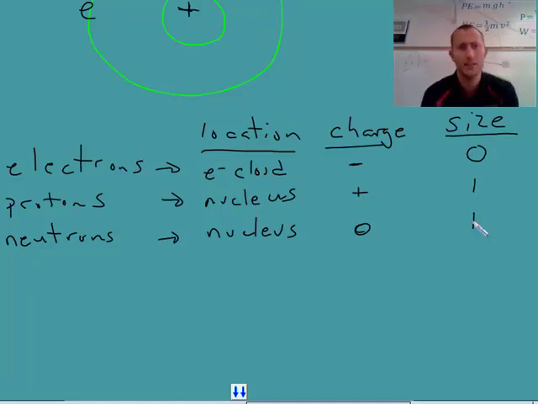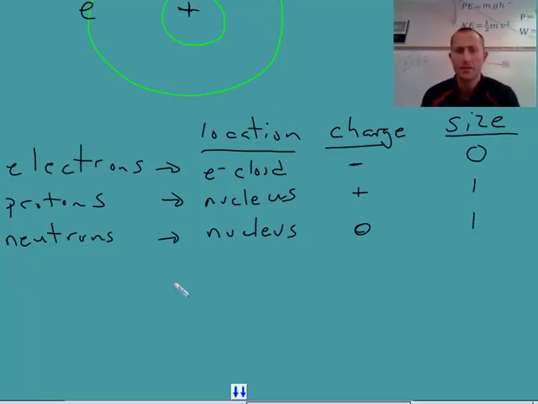Now, obviously the electrons don't have an actual mass of 0, but it's about 2,000 times smaller than the mass of a proton or a neutron. And so when we're talking in general terms about the mass of an atom, the electron's mass is inconsequential. And we're going to call the proton and neutron masses 1, even though they have slightly different masses as well, which we'll talk about a little bit later on.